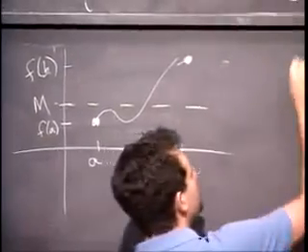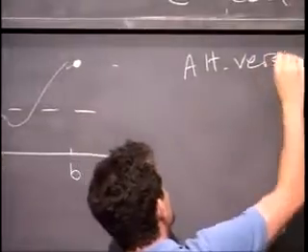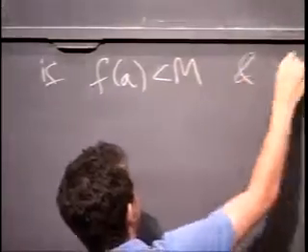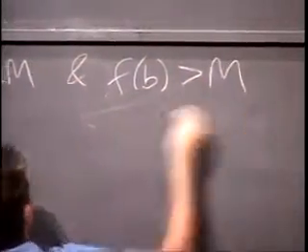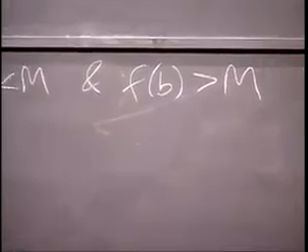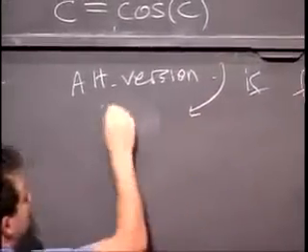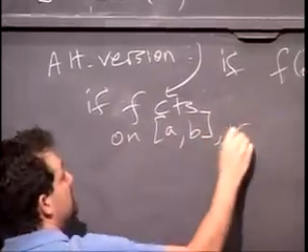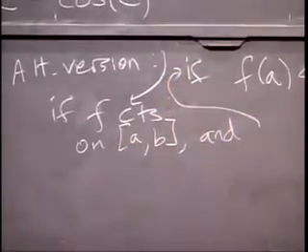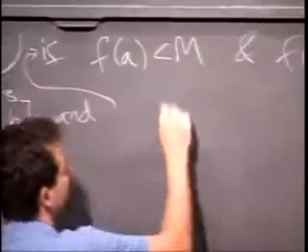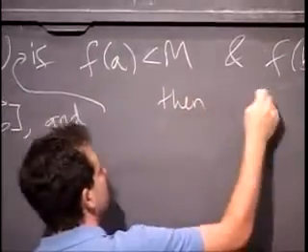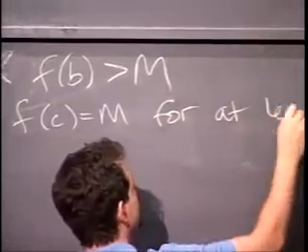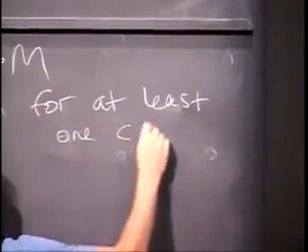So, alternate version: if f is continuous on AB, and it has to be the closed interval AB, and if f of a is less than m and f of b is greater than m, then f of c equals m for at least one c in AB.